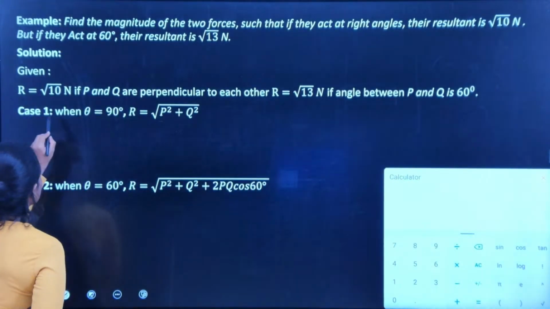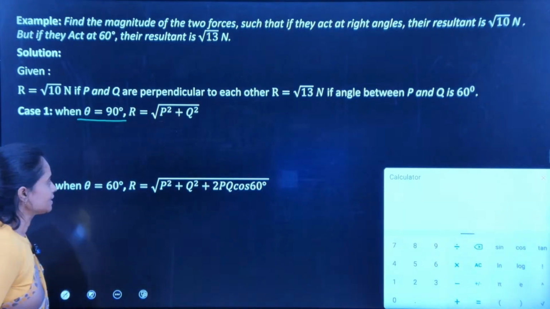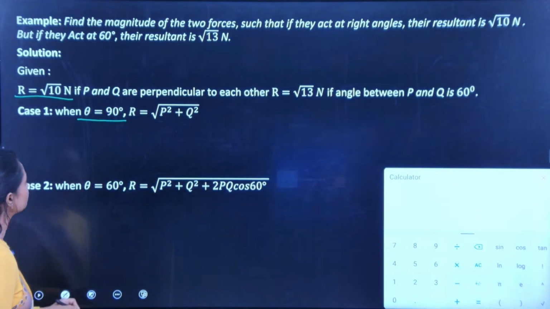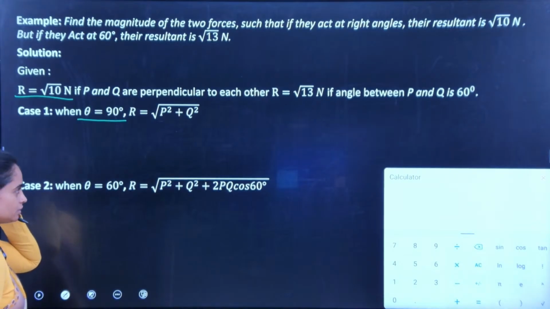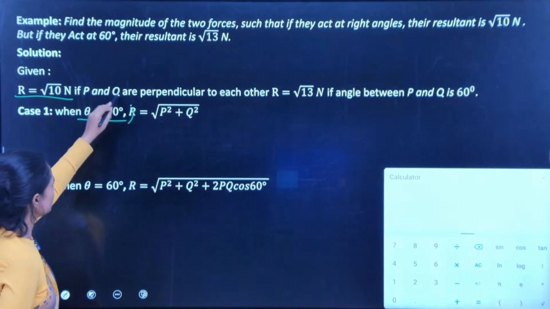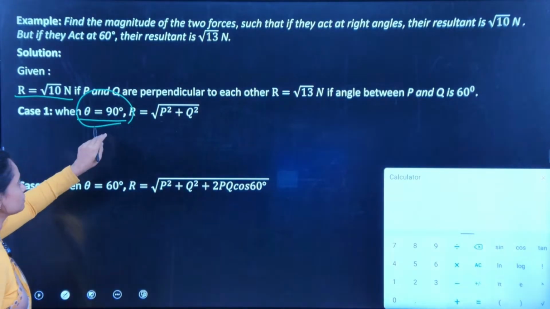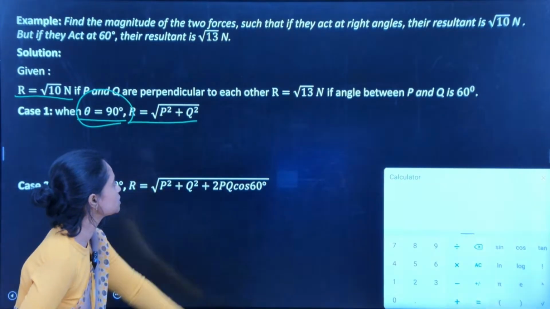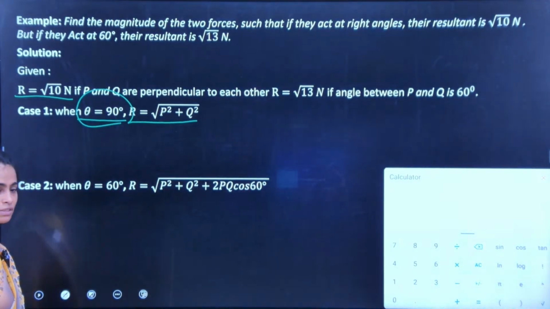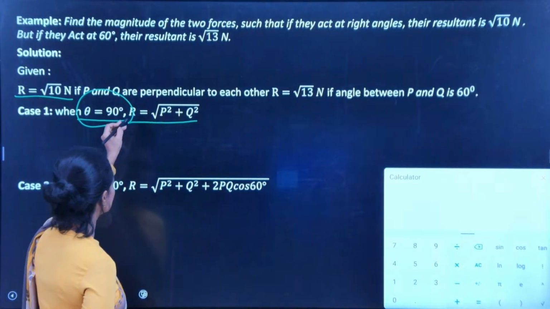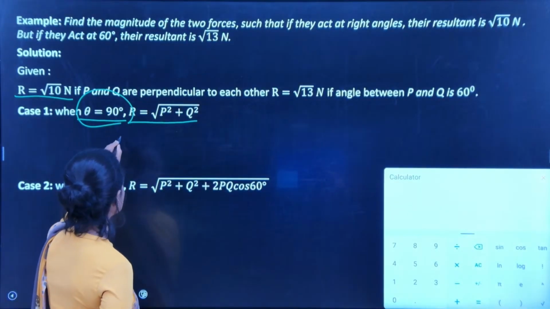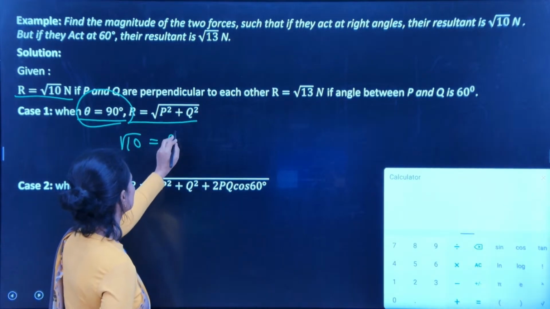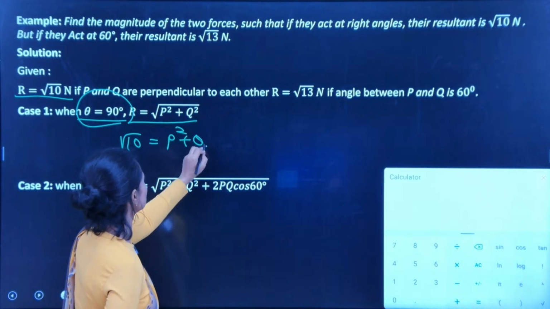So in case 1, theta is given as 90 degrees, and R is root 10. As we have just seen, when theta becomes 90 degrees, the resultant becomes root over P square plus Q square. Plug in the value of R: root 10 equals root over P square plus Q square.